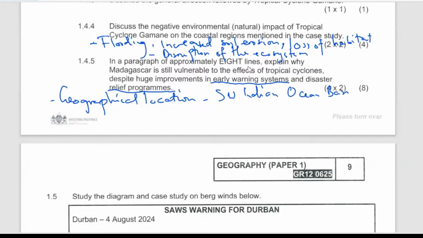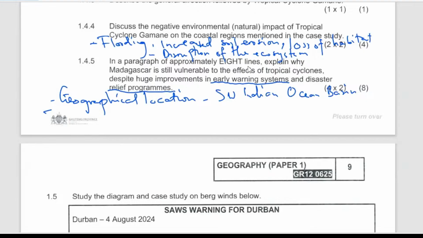This area is prone to natural disasters like the tropical cyclones. So despite the efforts, the geographical location will still expose it to the dangers of the tropical cyclones because of its location. That is where most of the natural disasters strike, especially the tropical cyclones. They strike that area because of its position.